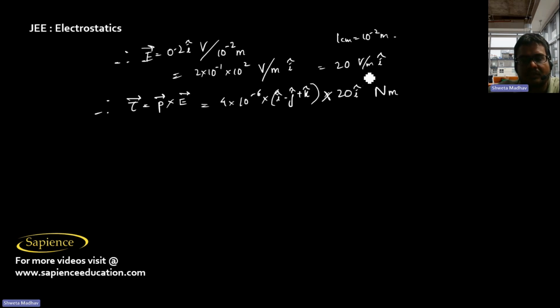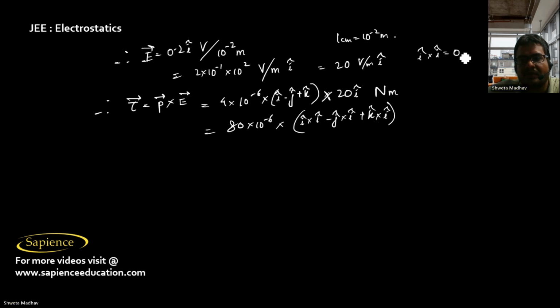So this will be 80 into 10 power minus 6 into i cap cross i cap, minus j cap cross i cap, plus k cap cross i cap. Now we know that i cross i is the 0 vector, and from i, j, k, i cross j is k, so j cross i is minus k, j cross k is i, k cross i is j.